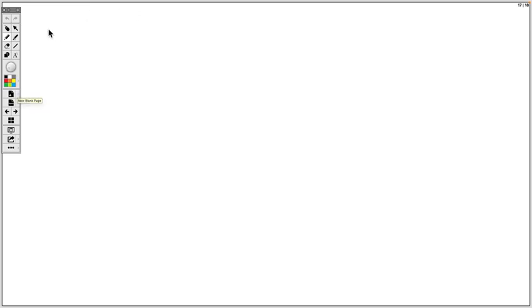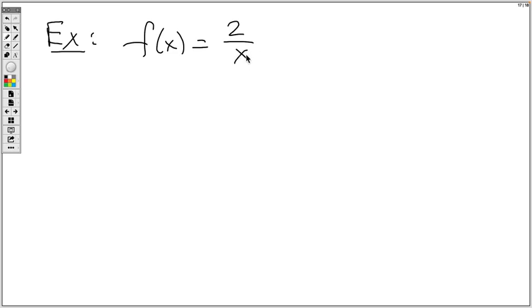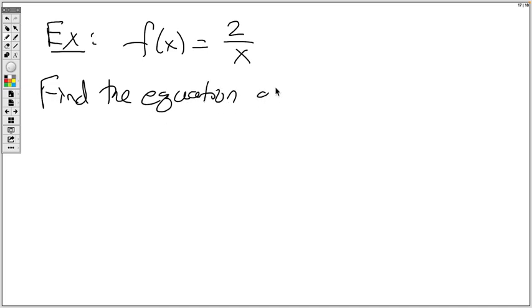All right. Let's do an example. Let's look at f of x equals 2 over x. Find the equation of the tangent line at, let's say, x equals -2.